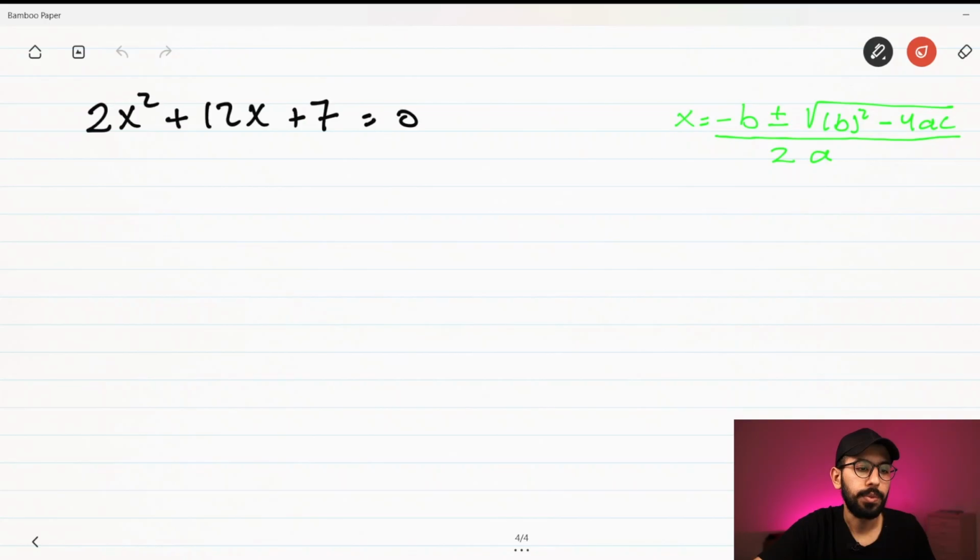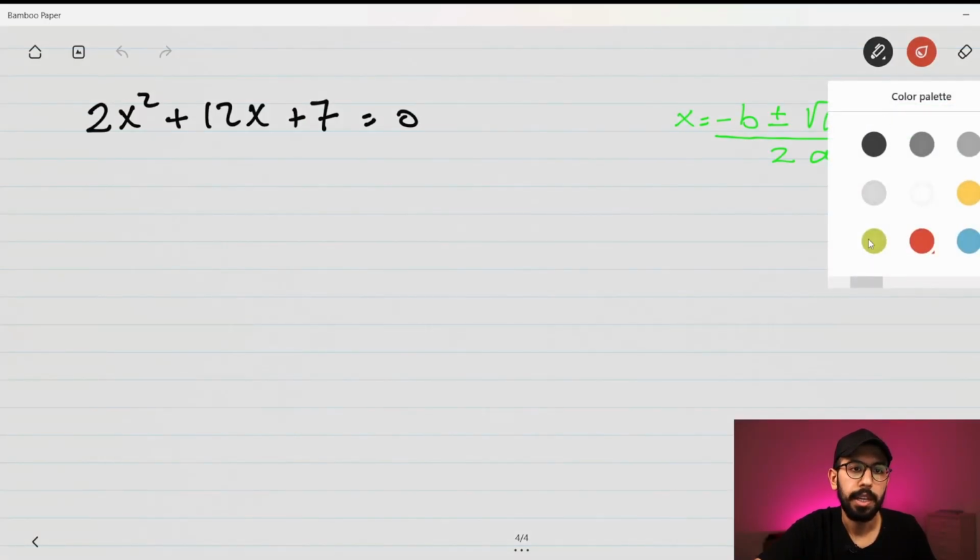Now we need to solve it with the quadratic formula because it is the more suitable one in this case.